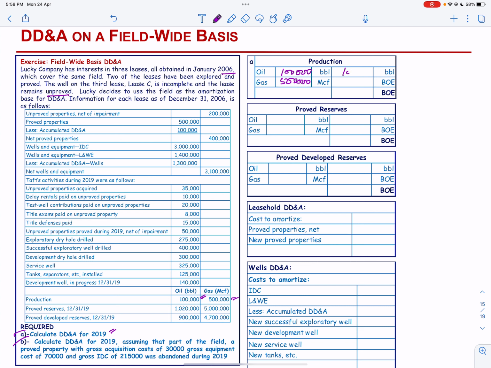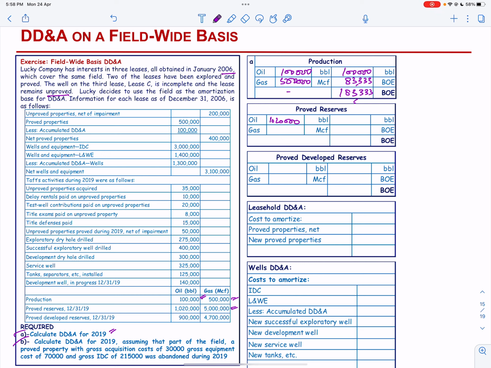So this remains the same as 100,000. We convert it into barrels of oil equivalent. We divide by 6. That will be 83,333. So the total will be 183,333.